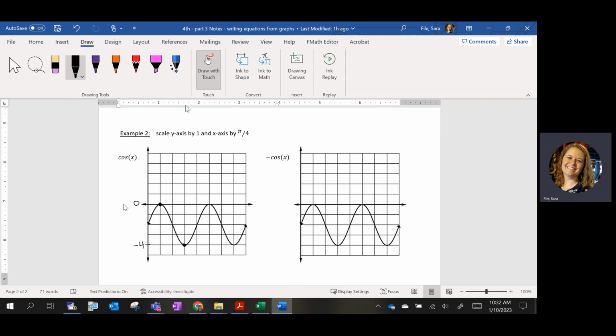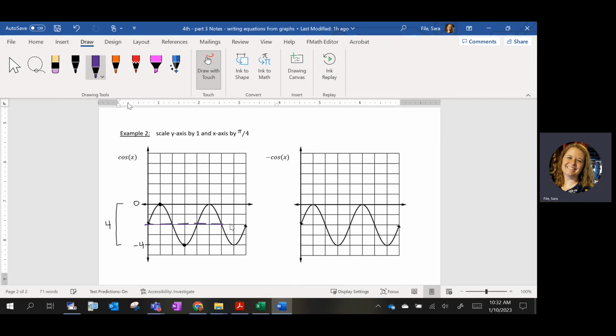So the height of the graph is 4, which means the amplitude is 2, which puts the midline where? At halfway between, so at -2.